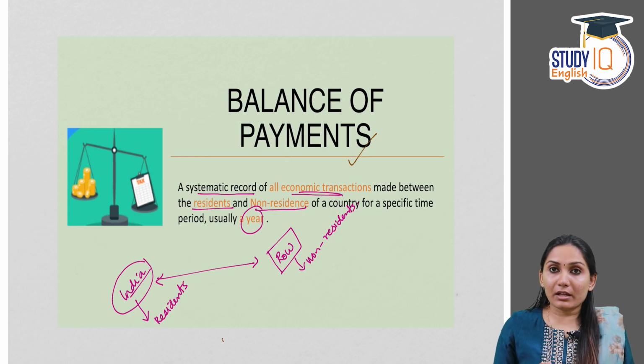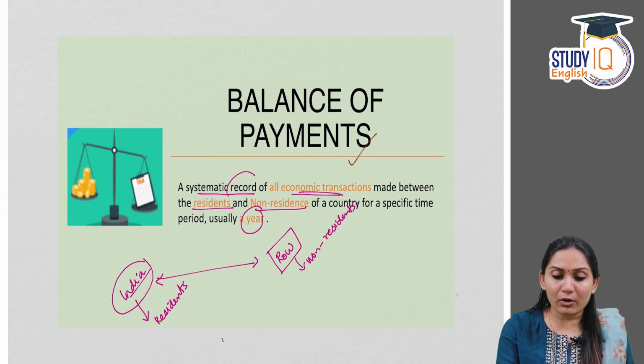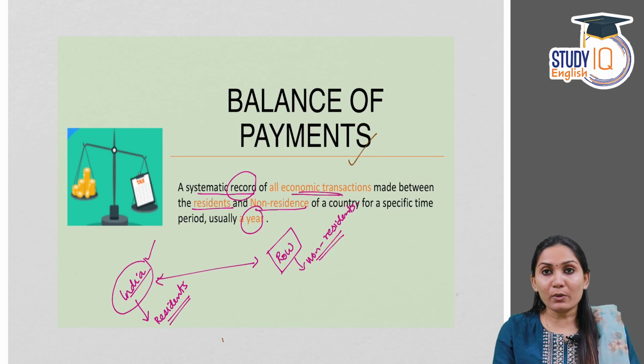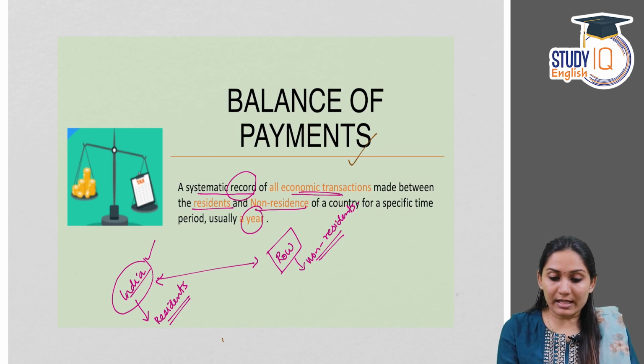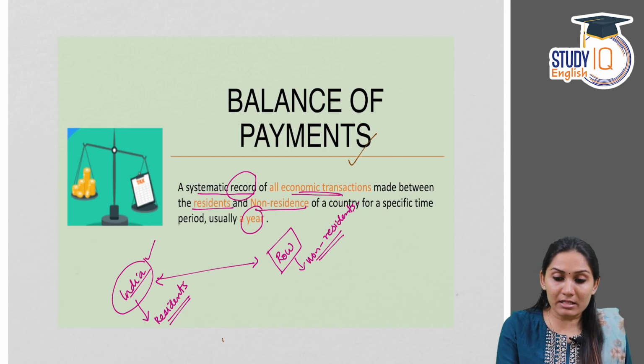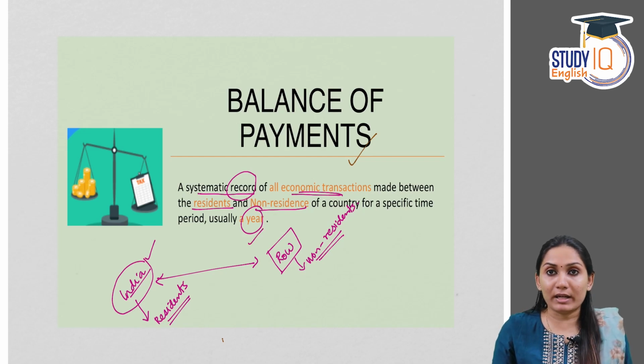So it's a record of all economic transactions between India and rest of the world. So that is a balance of payment. It gives us an idea regarding how much of economic transactions has taken place between one country and the rest of the world in a particular period of time, and this period is usually 1 year.